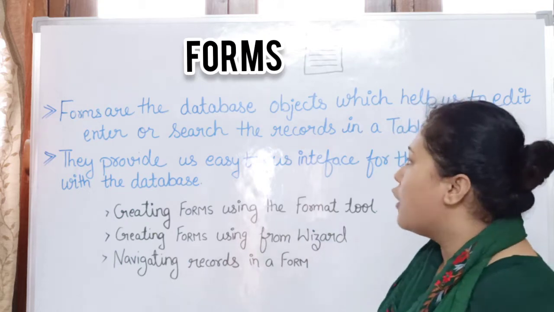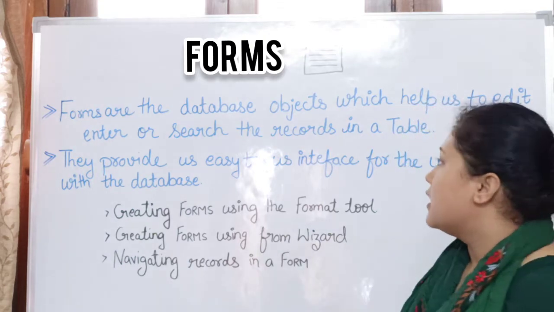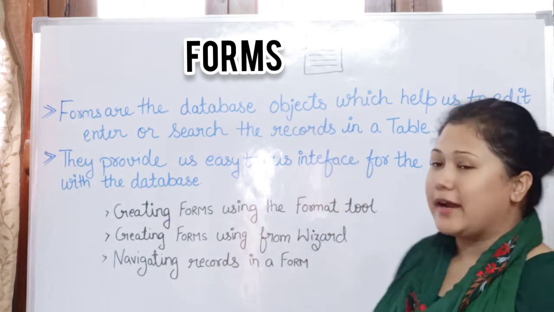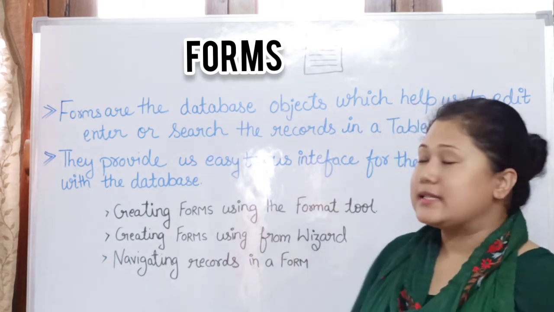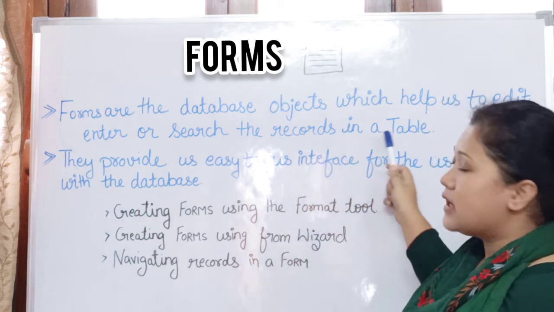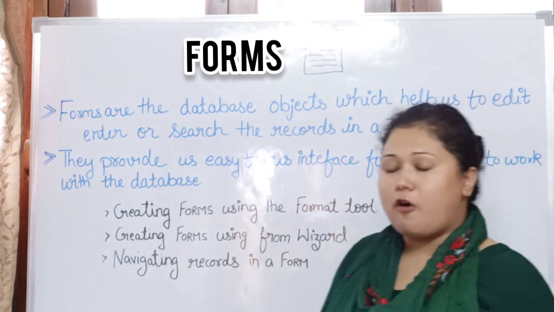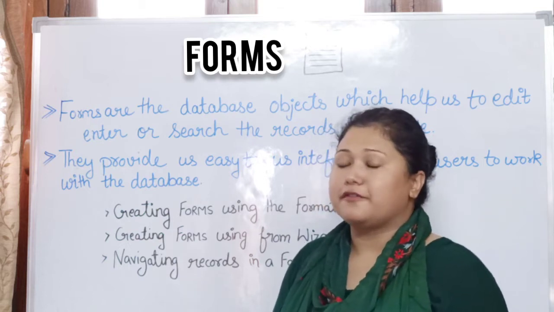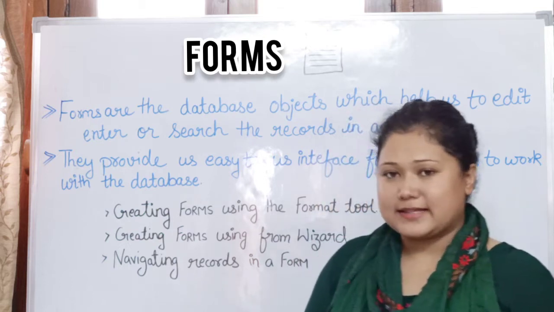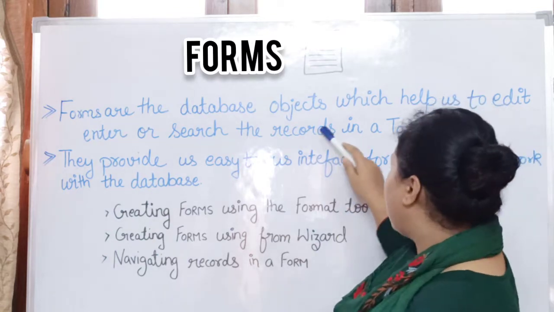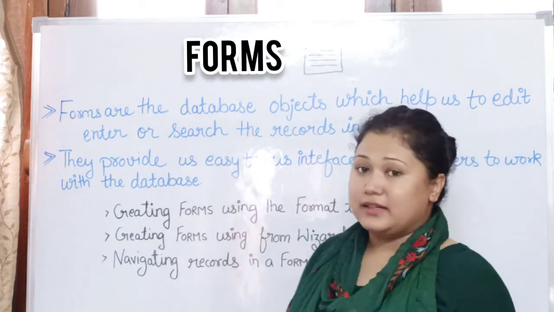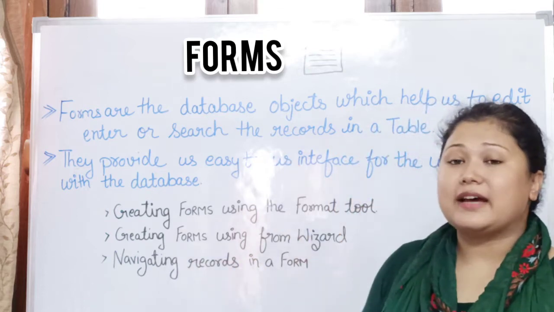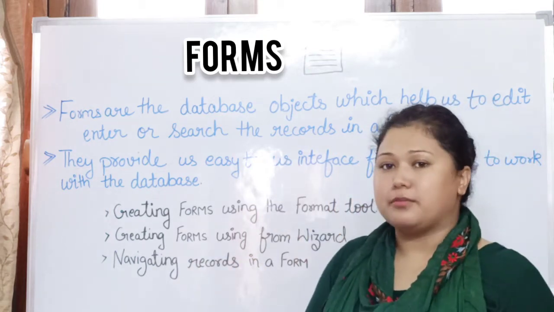Forms. Forms are the database object which help us to enter or search the records in a table. Form is the first object of MS Access which helps us to edit, enter or search the data which you have saved in your table.